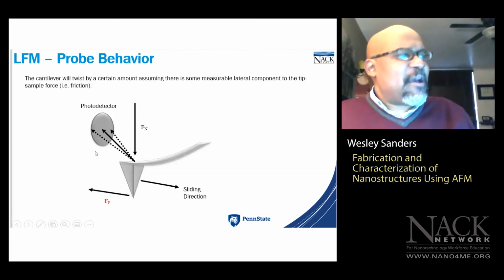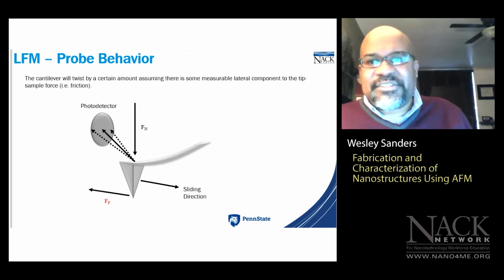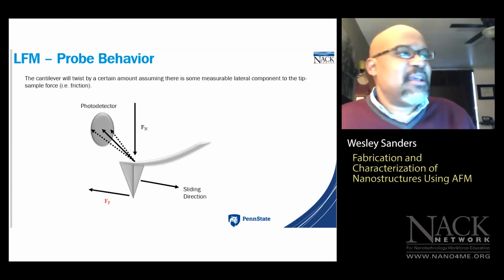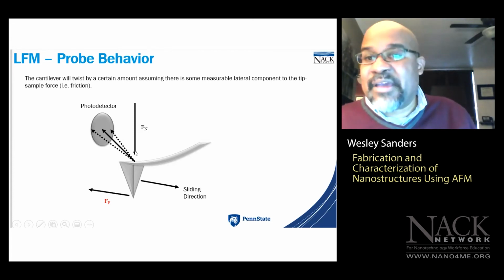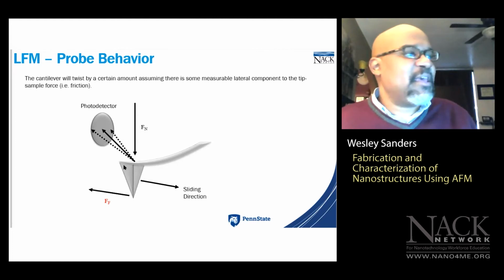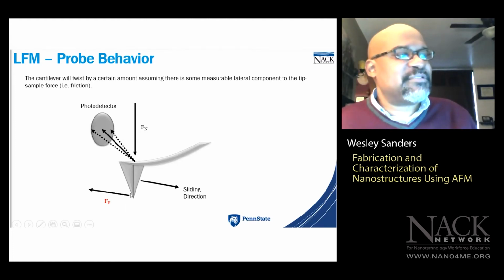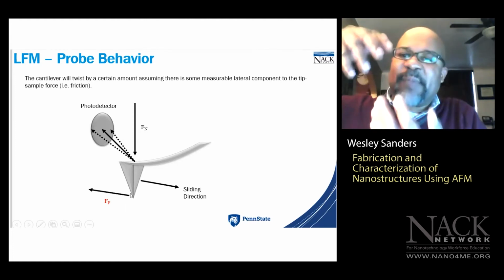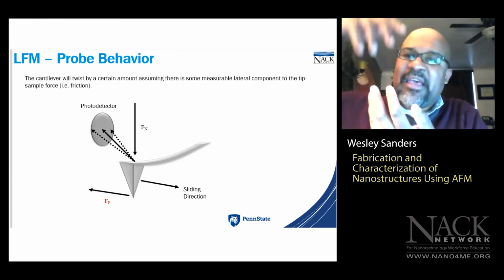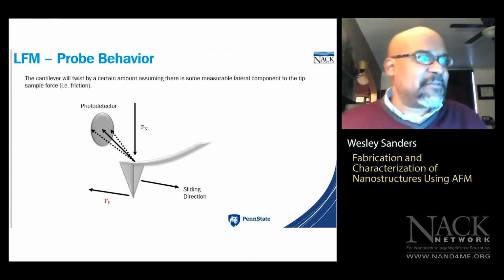Now, there are two forces that we have to consider when we use lateral force microscopy. There's the normal force that's set by the user-defined set point. And then there's the frictional force, okay? The frictional force comes from the interaction between tip atoms and sample atoms.